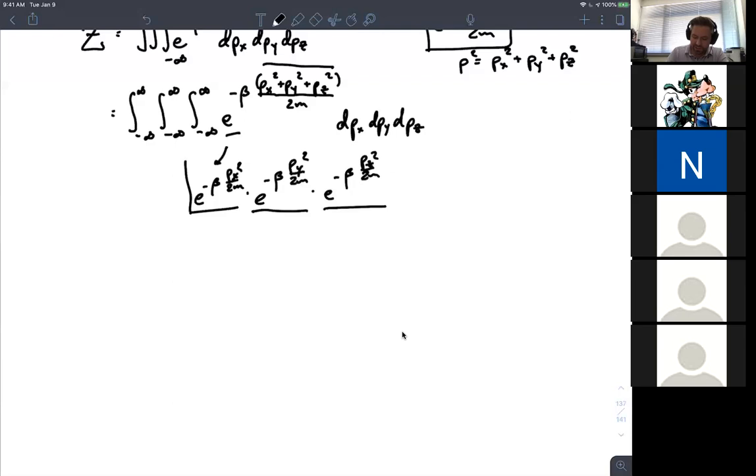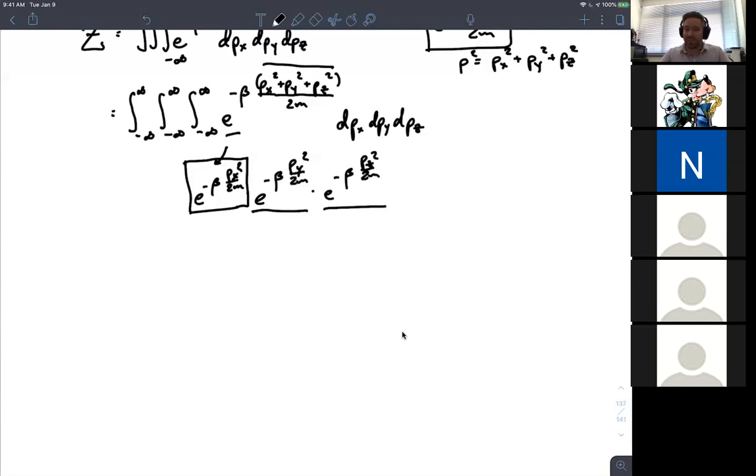And each one of these integrals is just a Gaussian, right? Because it's e to whatever variable you're integrating over squared. So there are 3 Gaussian integrals. Now, being a physicist, one of the tricks you should familiarize yourself with is how to evaluate a Gaussian integral, particularly if you want to become a particle theorist, because the entire job of a particle theorist is to wind up expressing your problem in terms of Gaussian integrals.